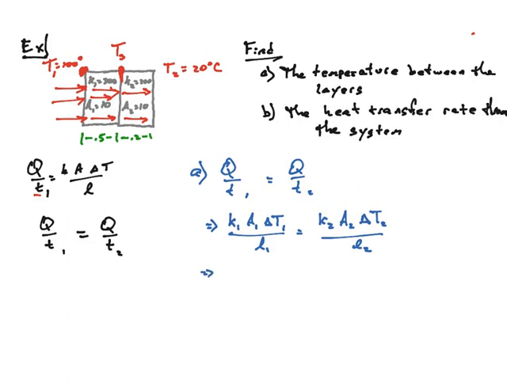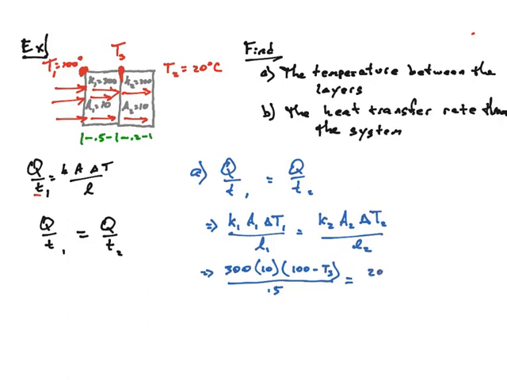And now plug the numbers in. K1, that's 300. A1 is 10. Delta T1, I'm going to use left minus right. So T1 is 100 minus the right side of material 1 is T3. I don't know the number, but that's what I'm looking for. Divided by L1, the thickness is 0.5. What about for 2?